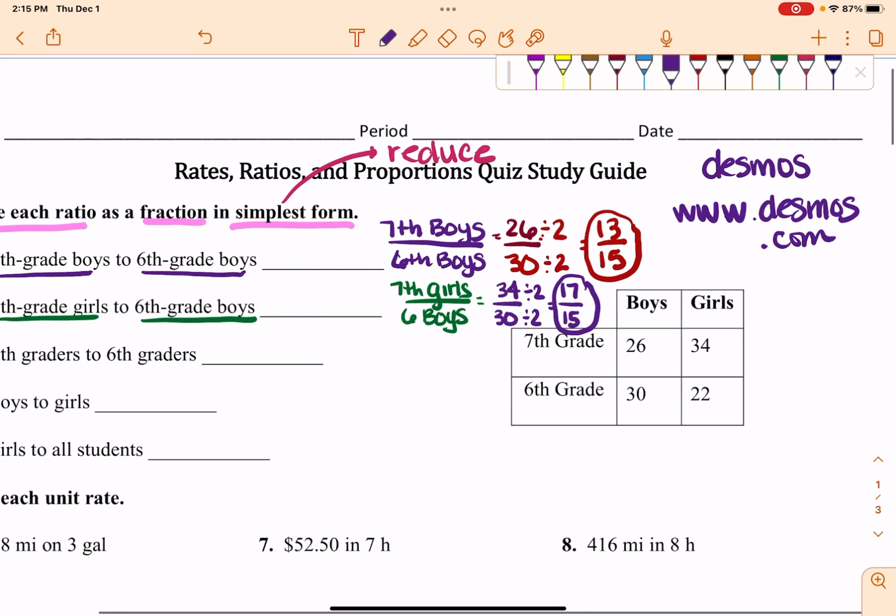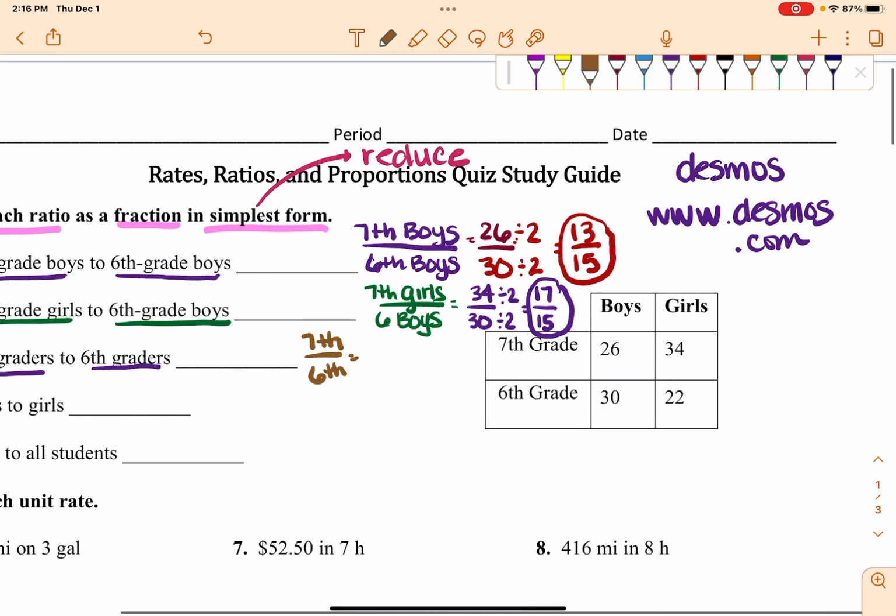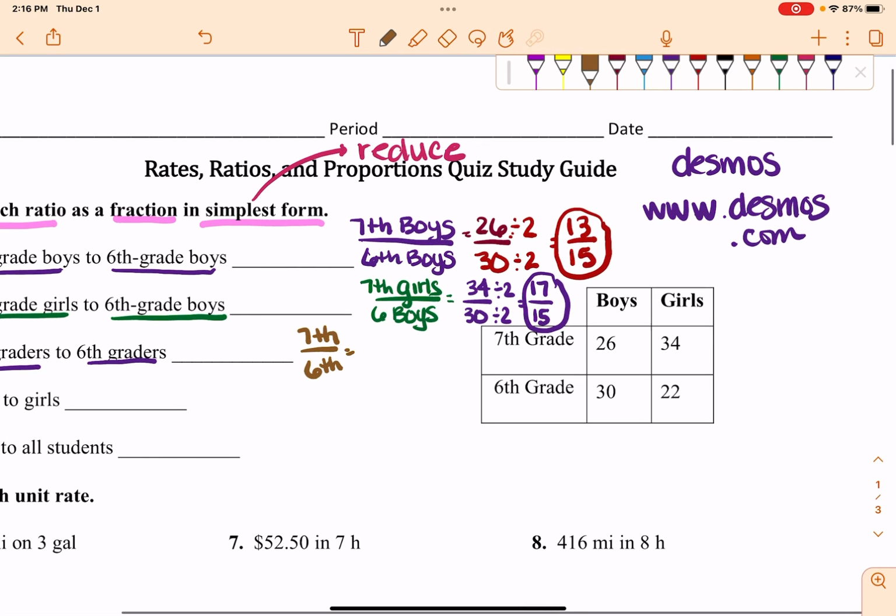Okay, let's go to the next one. The next one is 7th graders and 6th graders. You'll notice on this one, there are no girls or boys talked about, so it's basically all the 7th grade over all the 6th grade. The 7th grade is made up of boys and girls.